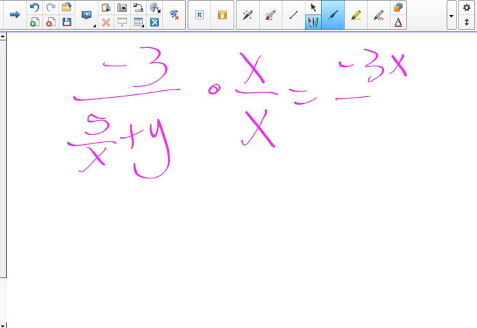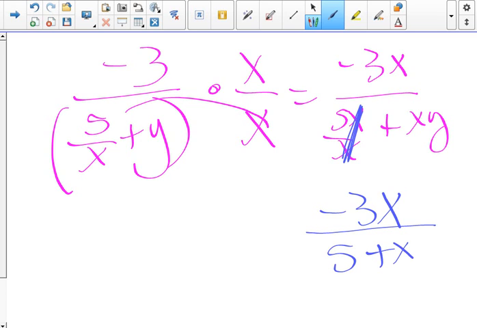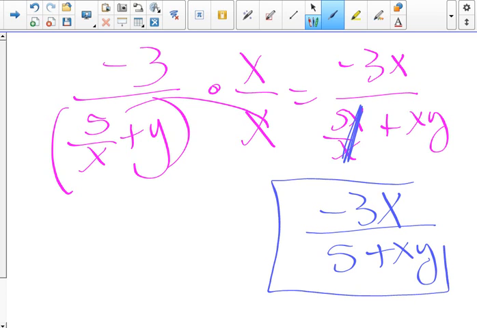Negative 3x over, and then we distribute this x to both terms, 5x over x plus xy. And then what cancels out? These. So my final answer is negative 3x over 5 plus xy. Okay?